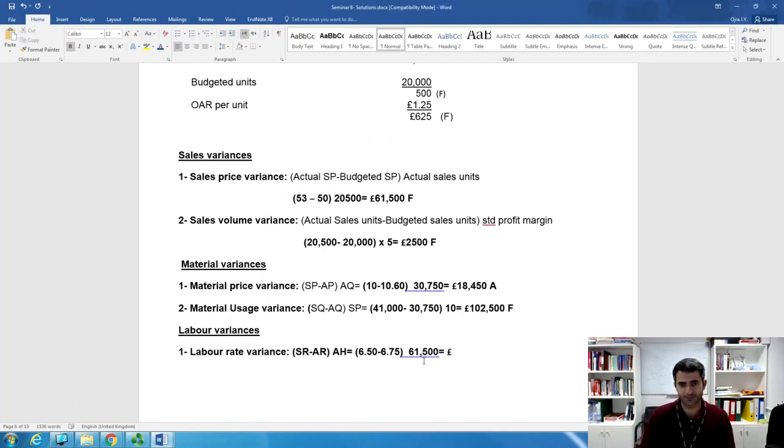So that's 0.25 times 61,500, which is 15,375, and of course it is adverse. Why is it adverse? As you see, we paid a higher labor rate than budgeted, so that's why.